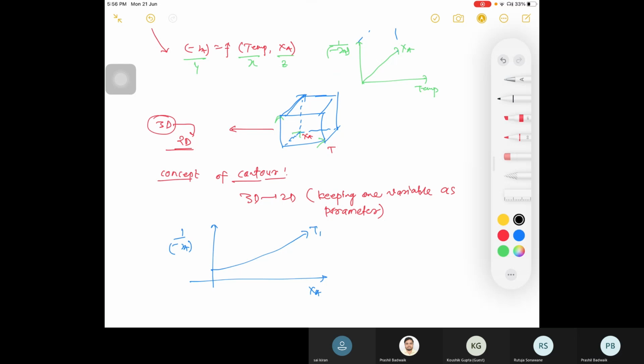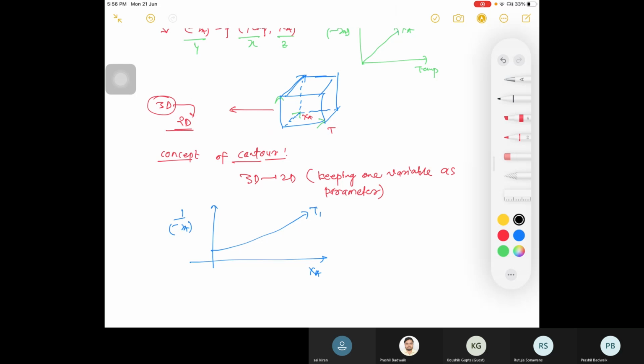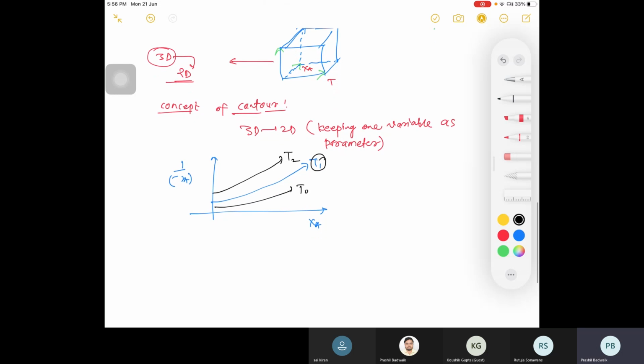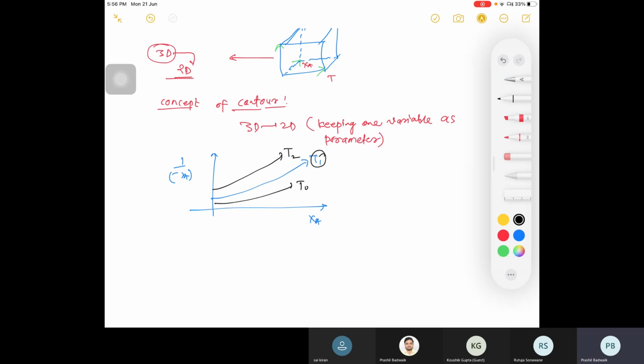With respect to temperature, whether the reaction rate will increase or decrease depends. Maybe it is exothermic or endothermic. So your curve will be this, your curve will be this. So you'll have T0, T1 and T2 curves. For different temperatures, you will have different curves. So this is basically conversion of your 3D into 2D. So this we are using here. We will have this Levenspiel plot at different temperatures.